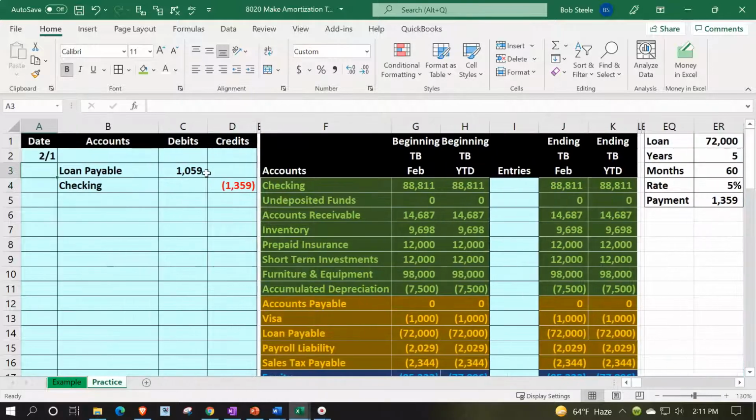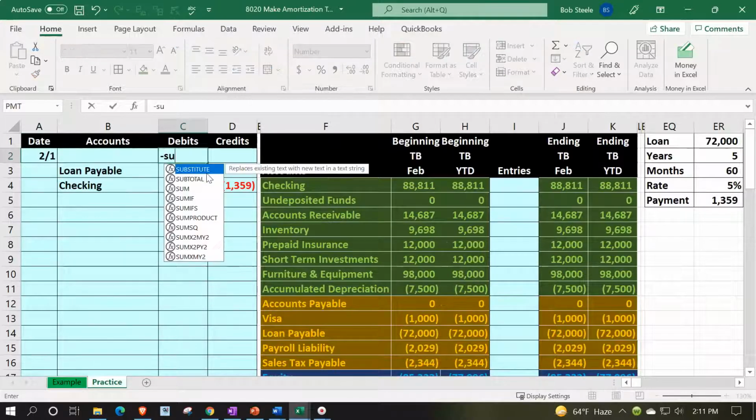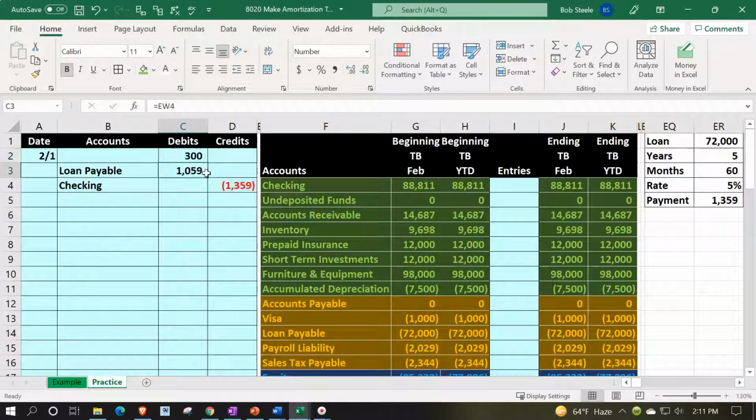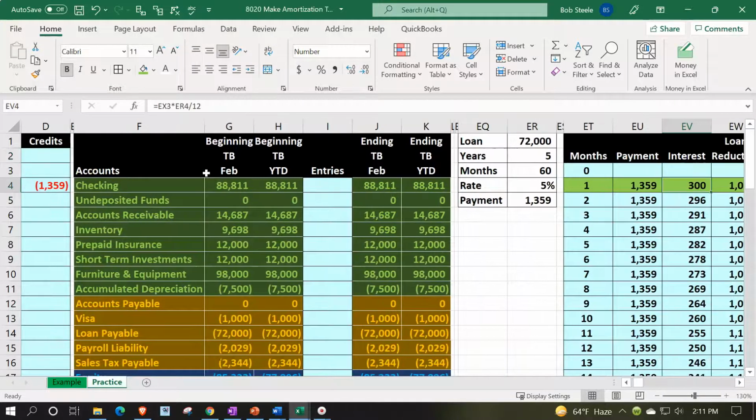And the interest then is going to be the rent on the money, the difference, which we could get by negative sum. The plug formula will be at $300, which matches the $300 here.